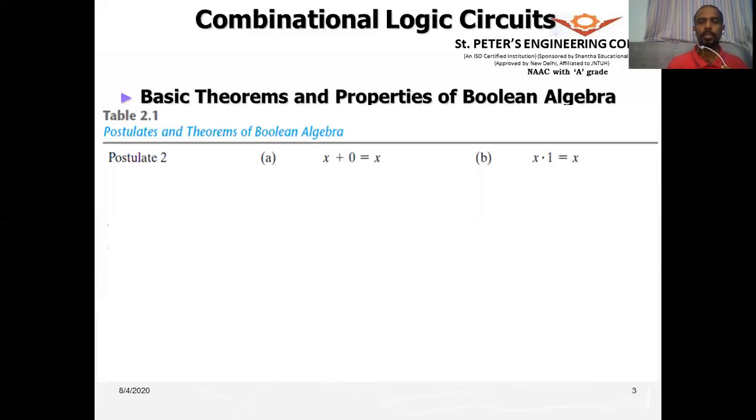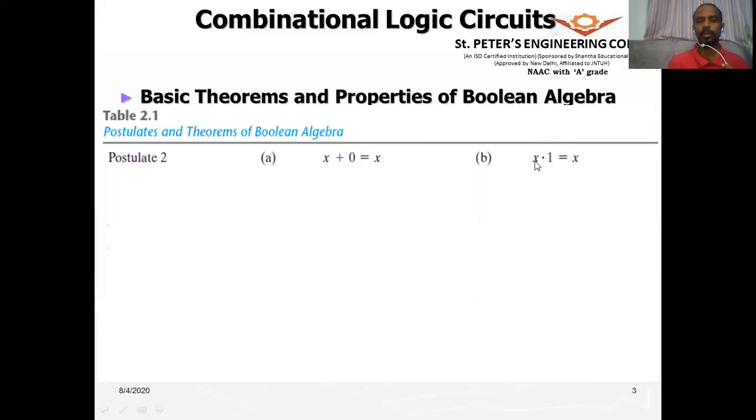So if you come to this here, if x is 1, so 1 OR 0 is 1. If x is 0, then 0 OR 0 is 0, which is x. So therefore, the OR operation here depends on the value of x. Similarly, if you come here, if x is 0, 0 AND 1 is 0.